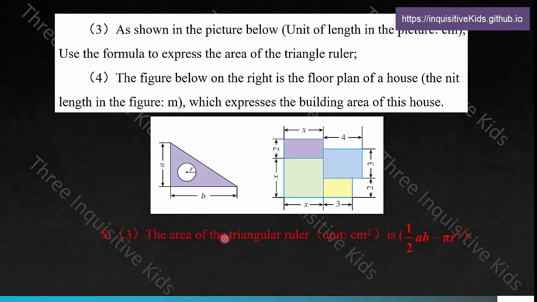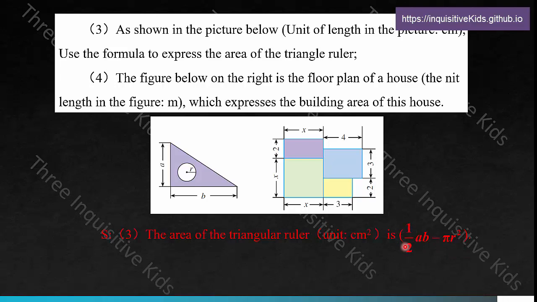We first calculate the area of this whole triangle here without looking at the area of the circle, and that's going to give us 1/2 AB. And then we're going to subtract the area of the circle. So that's going to be pi times r squared.